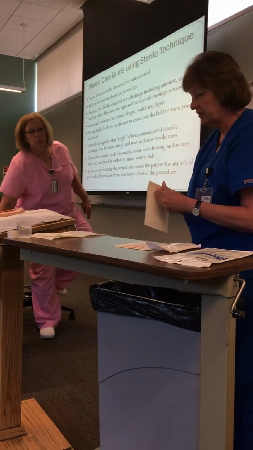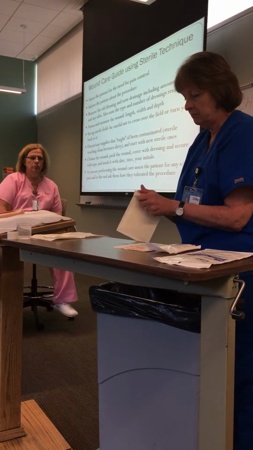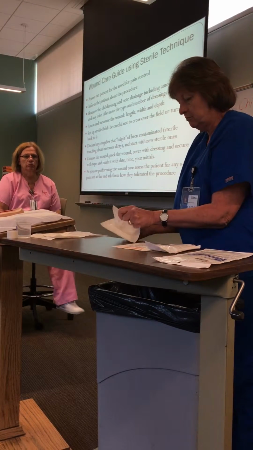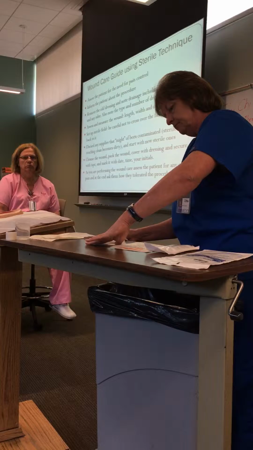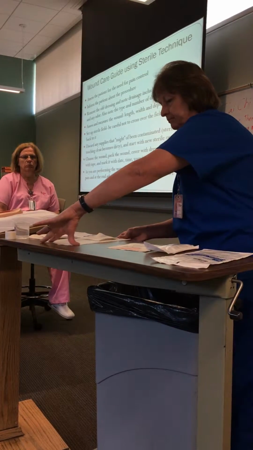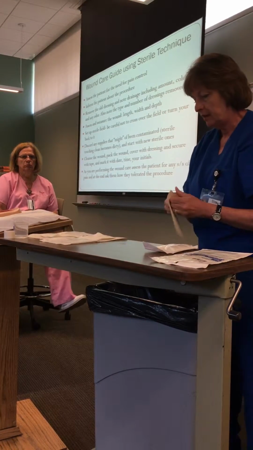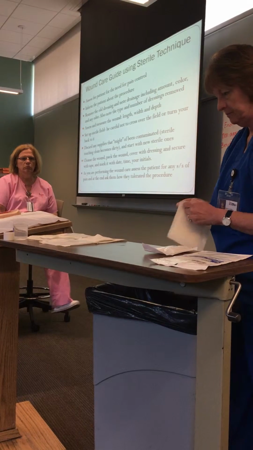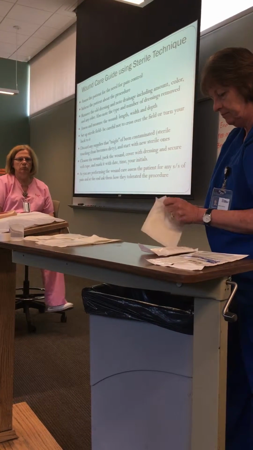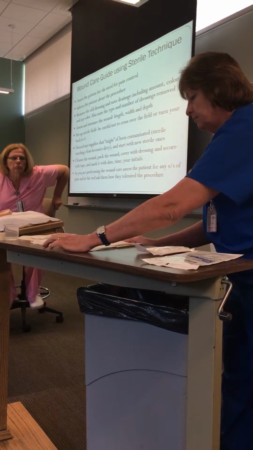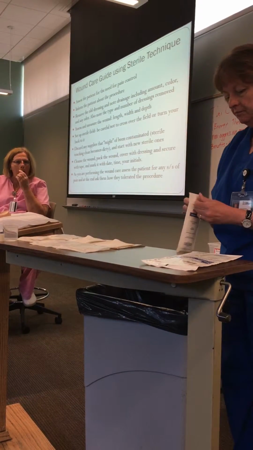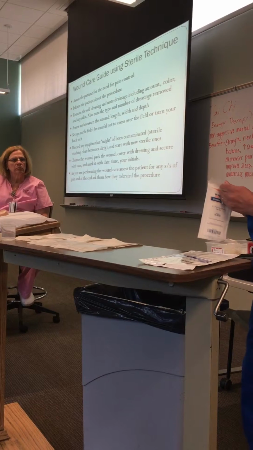Okay, the next thing I'm going to do is the next gauze. I'm going to do my next gauze. And you see me kind of moving down the line here?